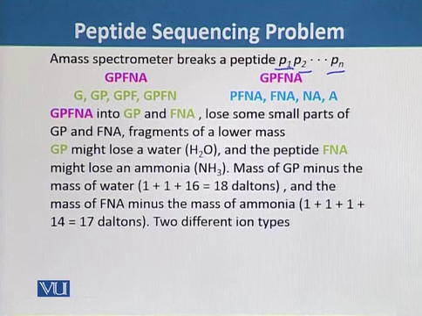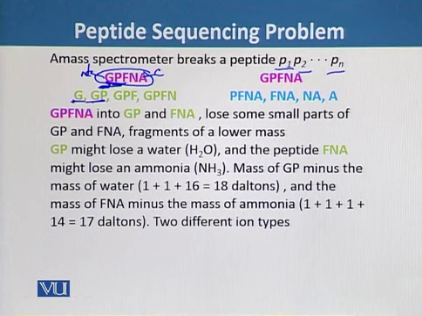For example, take the peptide GPFNA, where each letter represents an amino acid. If it is broken from the N-terminal, the smaller fragments will be G, GP, GPF, GPFN.